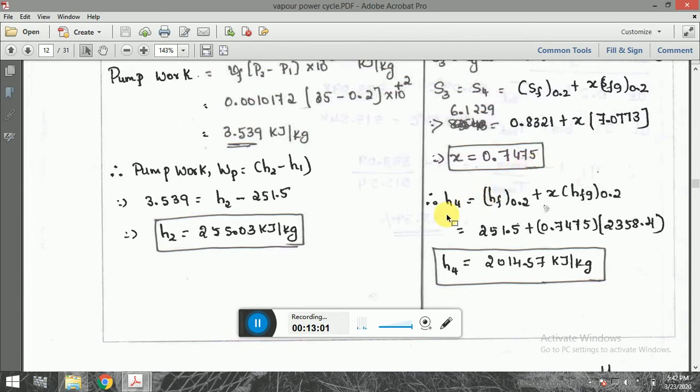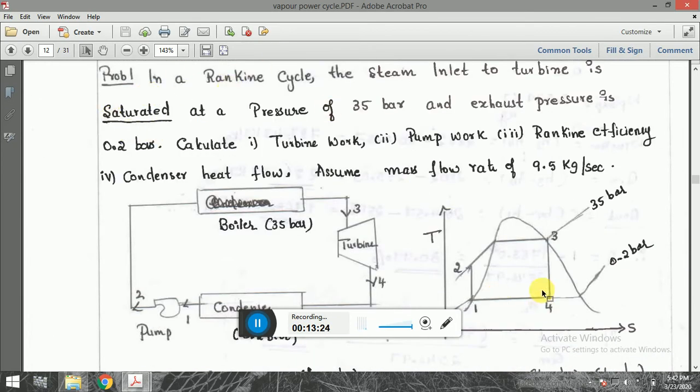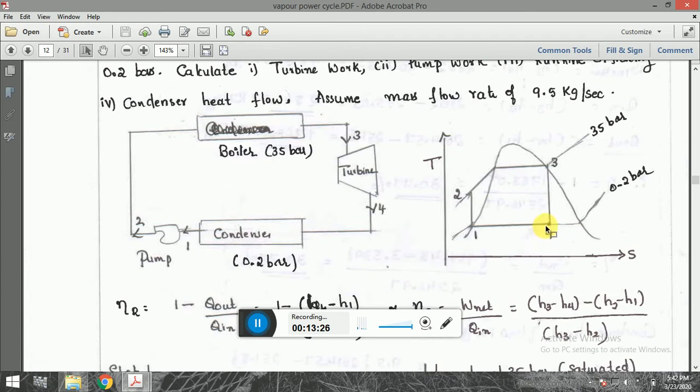Now we can calculate H4. We know that H4 is equal to Hf at 0.2 bar plus x into Hfg at 0.2 bar. We again go to the thermodynamic data and note down the values of Hf and Hfg at 0.2 bar, because H4 is the inlet to the condenser. Whenever something is inlet to the condenser, we have to use 0.2 bar.